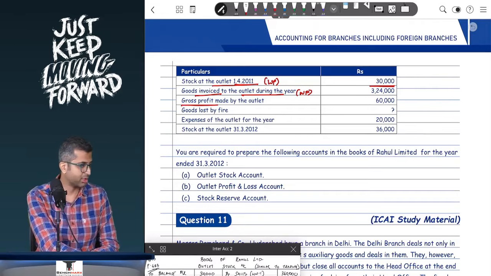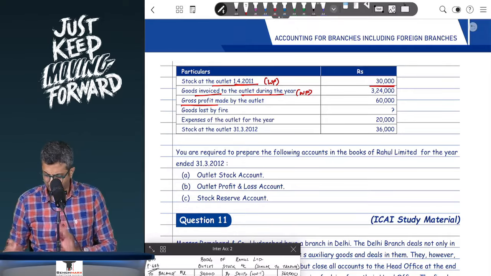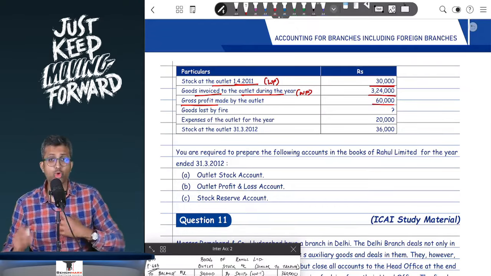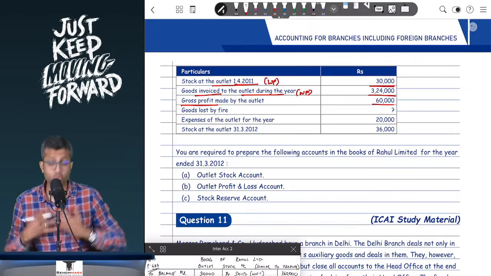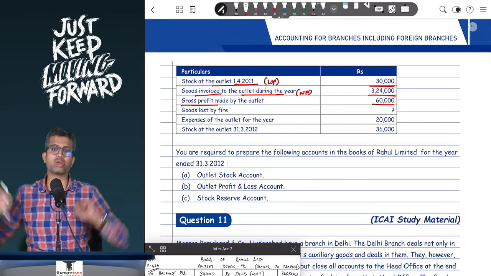So over here, all of this is at invoice price, but this is gross profit given. Now if I look at the retail outlet, they will say I must have sold at 150 and I procured at 125.